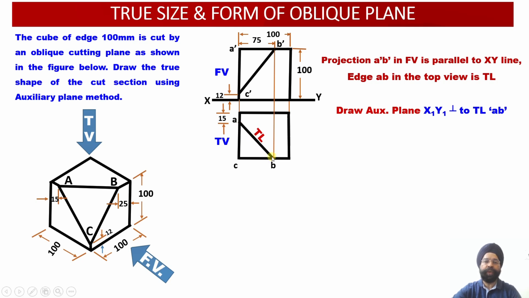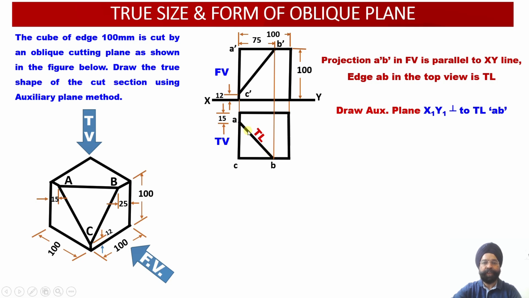This is what we were doing in the earlier cases as well. So we remember what we have already done. We need to work out the true length of one of the edges of this triangular lamina, the triangular cut section.